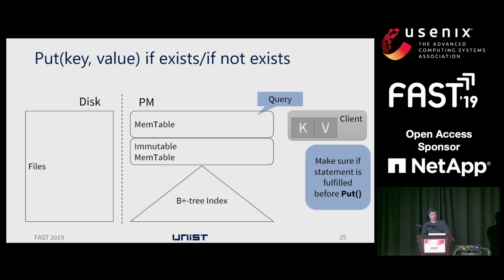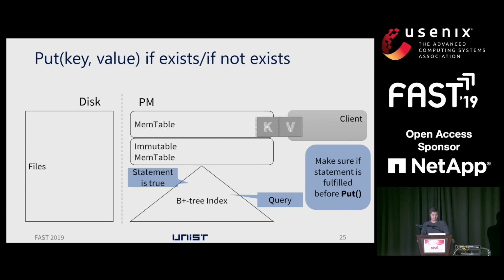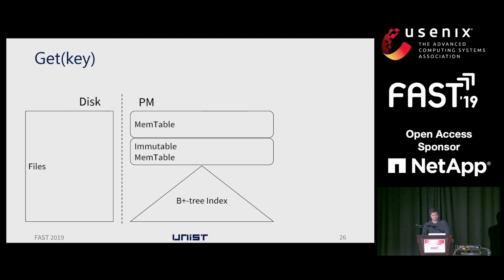So we query the mem table first, which has the highest priority. After that, we go to the immutable mem table if the mem table's result is false. And if the immutable mem table returns false, then we check the B+ tree. If that one returns true, only after that do we put our key-value pair.